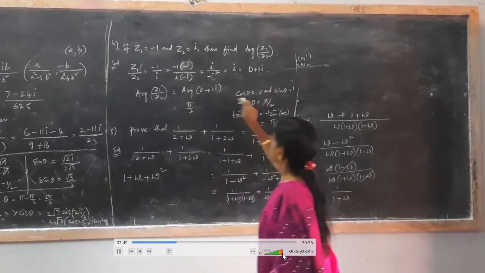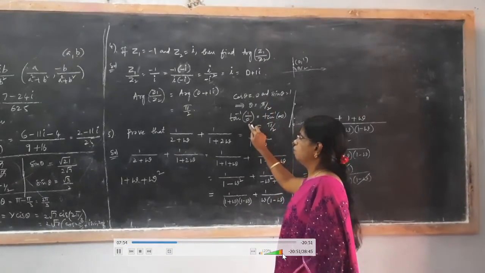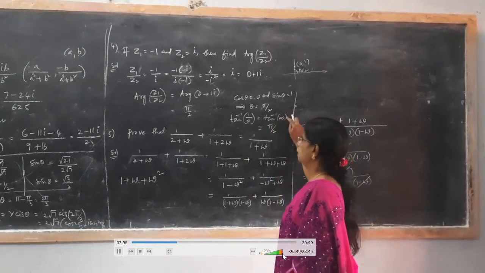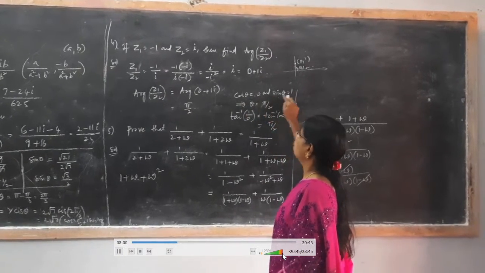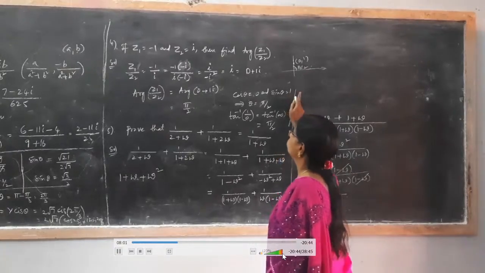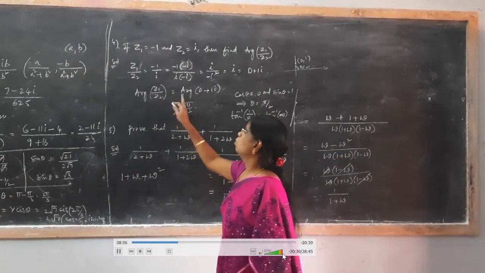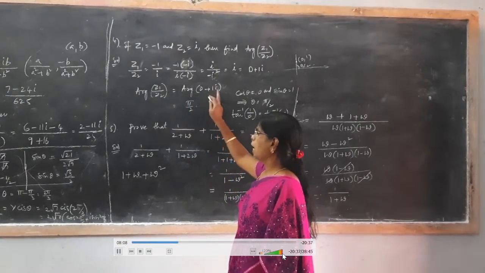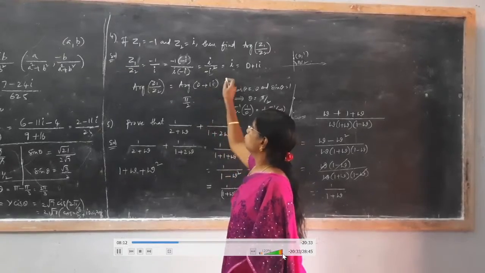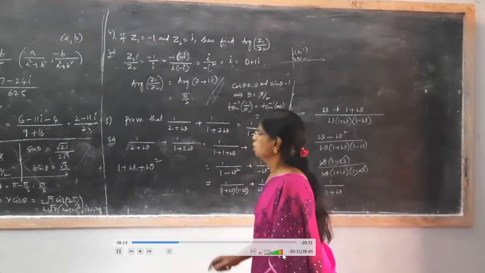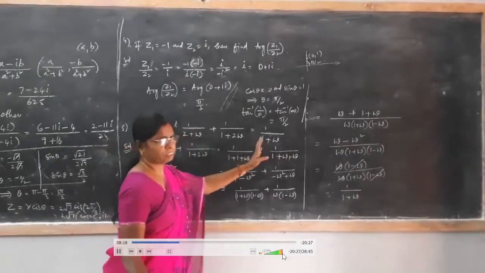So if we use theta is equal to tan inverse y by x, tan inverse infinity, that is pi by 2. Or with cos theta is equal to x by r and sin theta is equal to y by r, we also get theta is equal to pi by 2. Okay. So the argument of i is pi by 2. For this you get another 1 mark. So come to the next question, the fifth one. Prove that this one. See here.